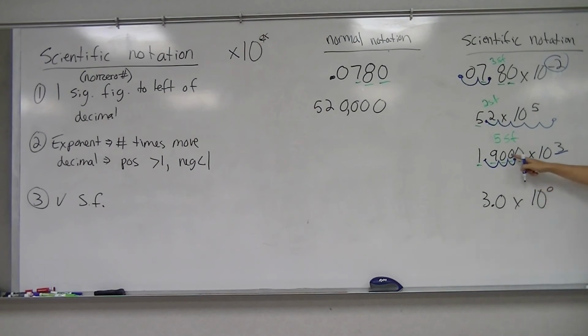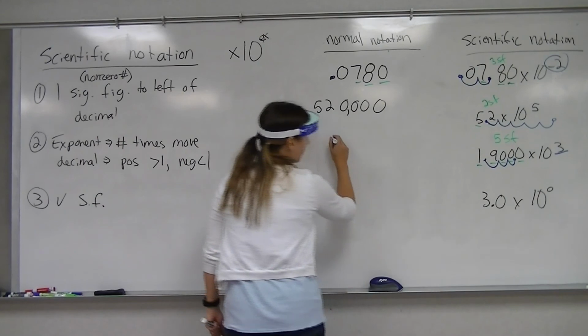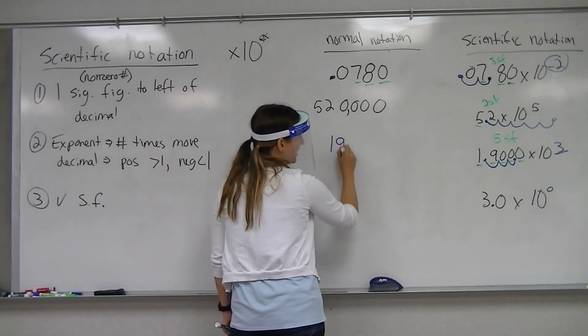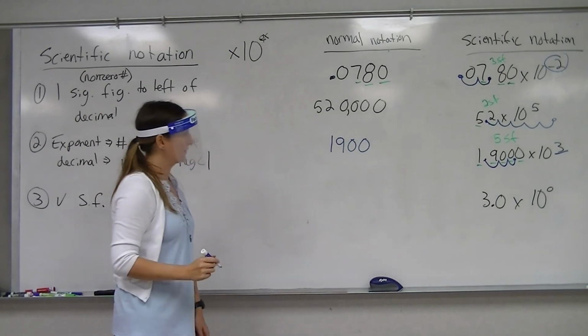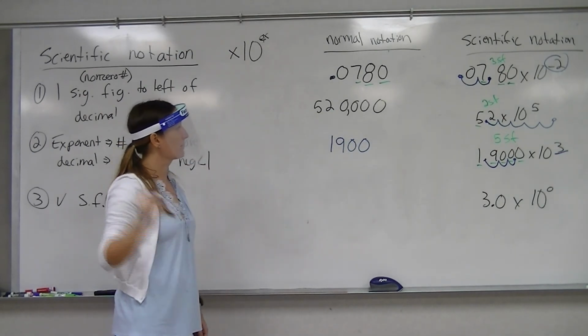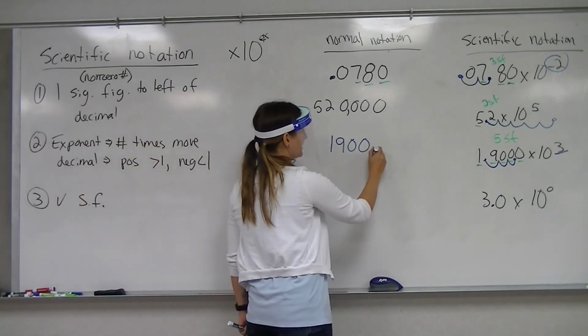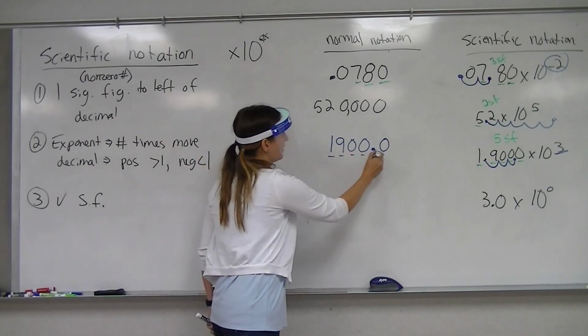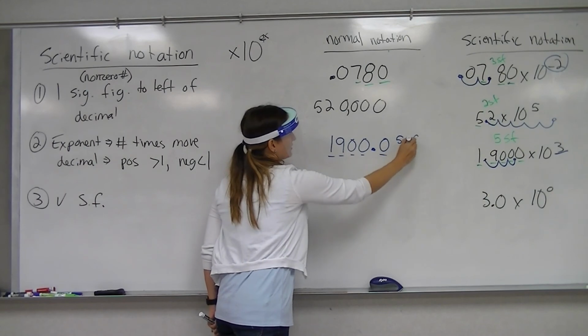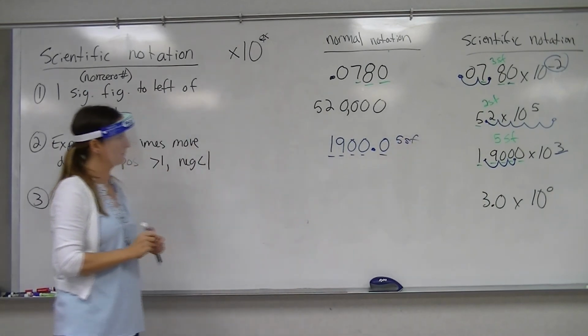So it's now going to be between these 2 zeros. So over here, I'm going to get 1900. Is that correct? I need to add the decimal and that last 0 so that I still have 5 significant figures. Yes, good.